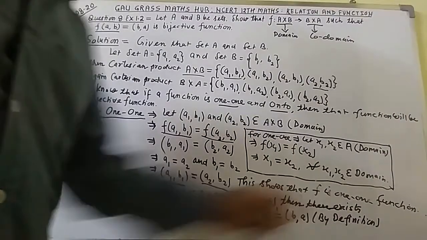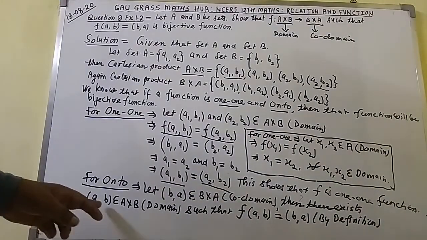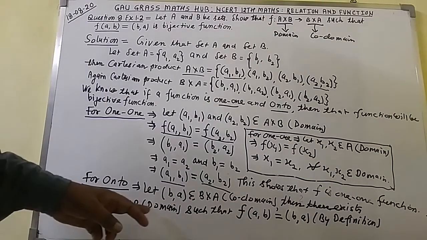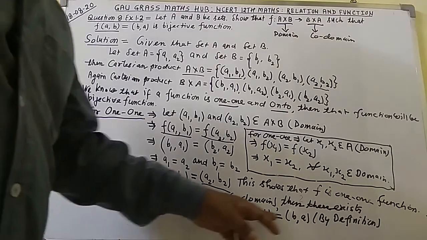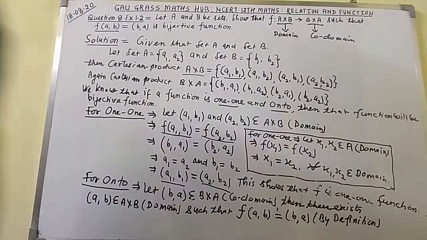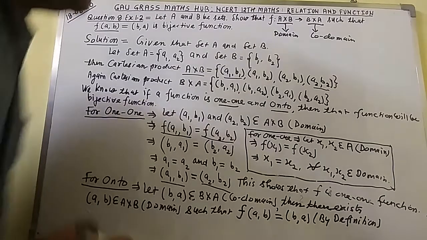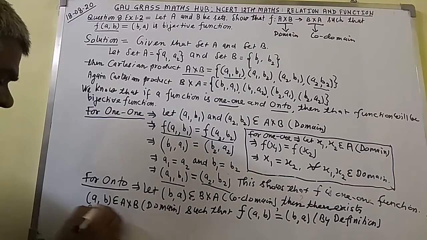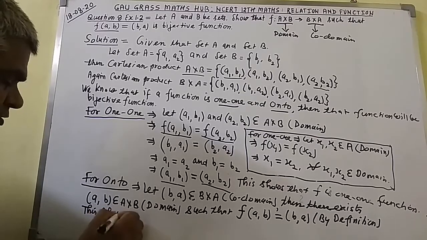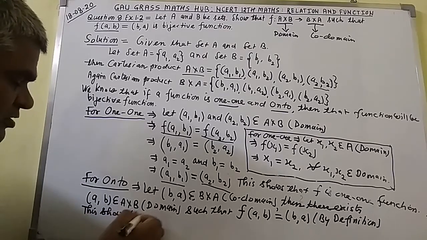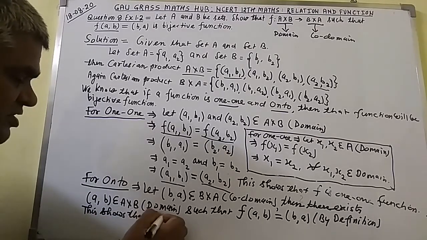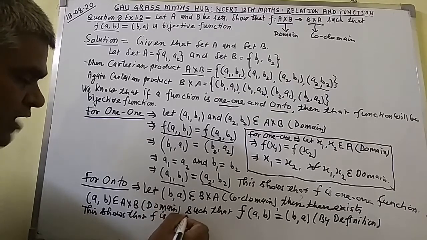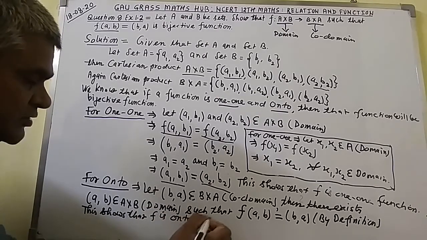Then there exists ordered pair a, b belong to A cross B, domain, such that f of a, b equal to b, a by definition. This shows that f is onto function.